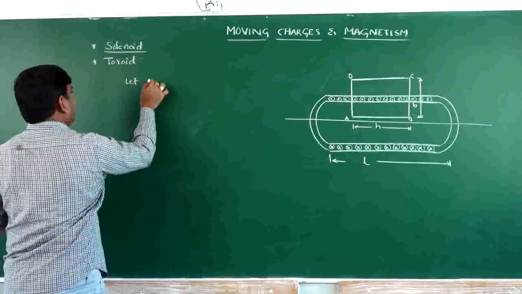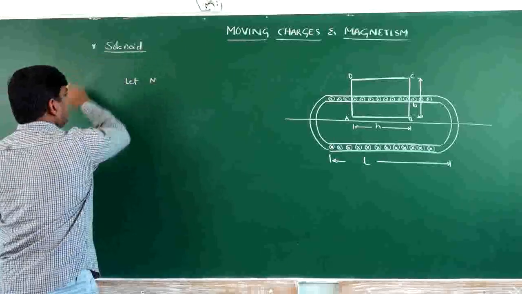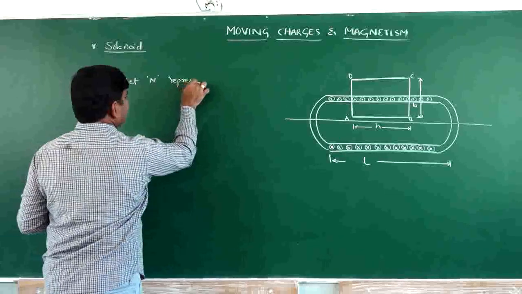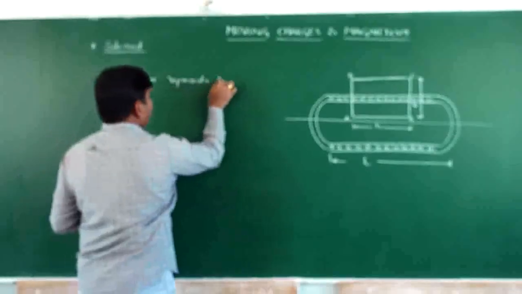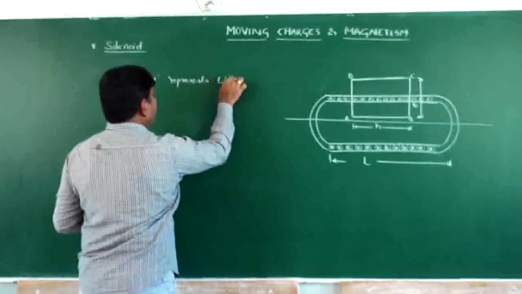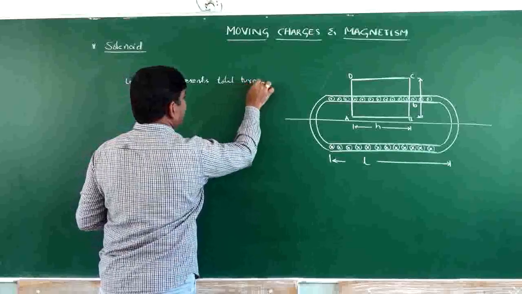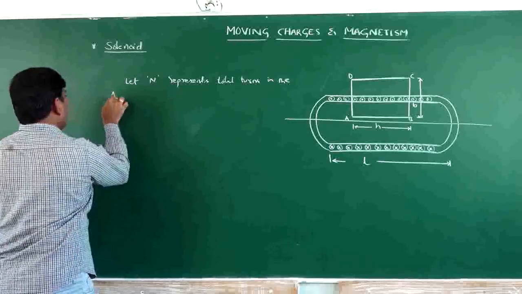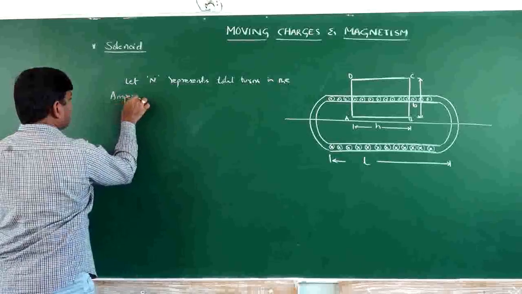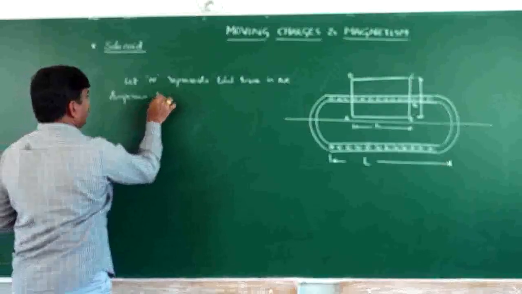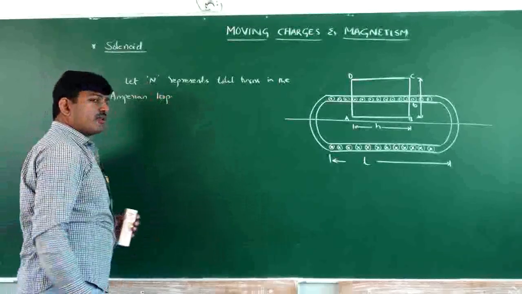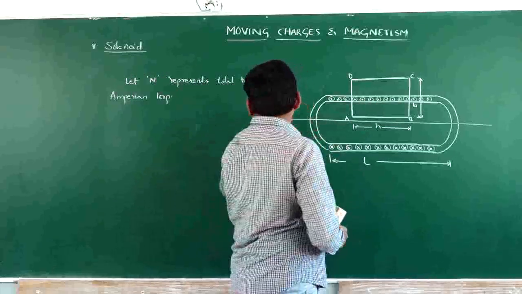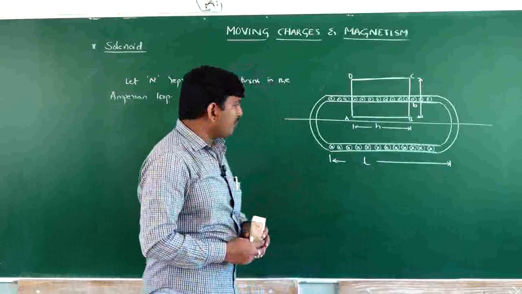Let capital N represent the total turns in the Amperian loop. How many turns are there in this Amperian loop? I don't know; I have to calculate the number of turns in this Amperian loop.